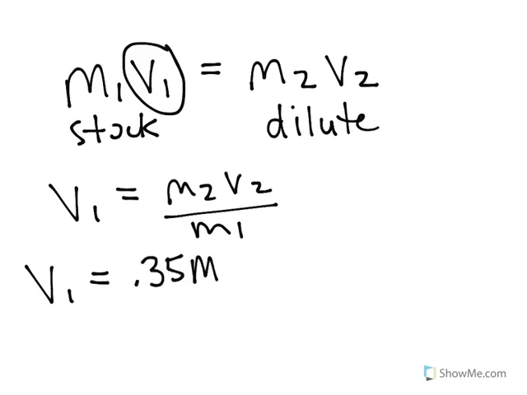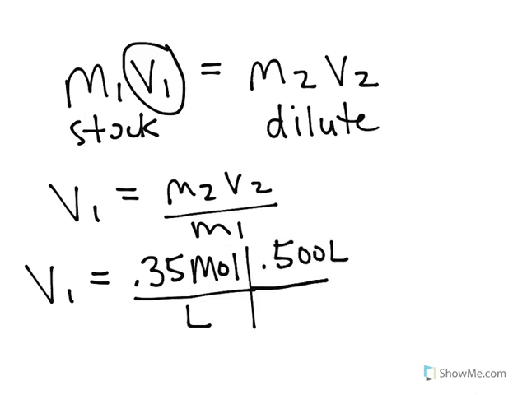And remember that molar means moles per liter. Then I want to multiply by the volume of that dilute solution that I want. I wanted to make 500 milliliters of that. I'm going to go ahead and turn that into liters. So that's 0.500 liters of solution.